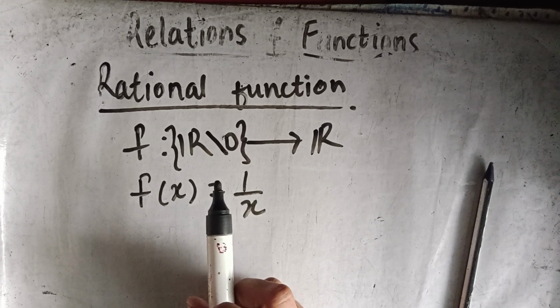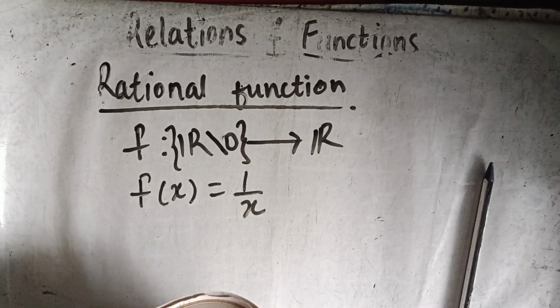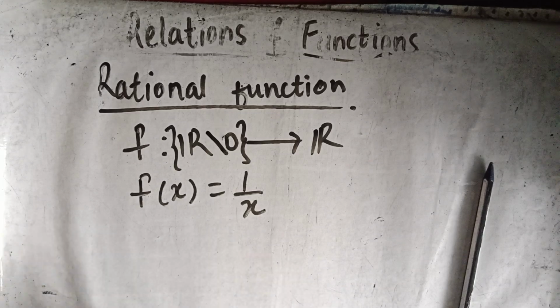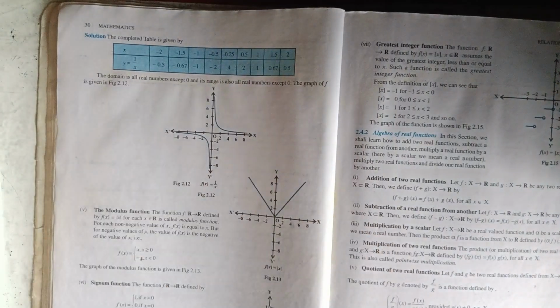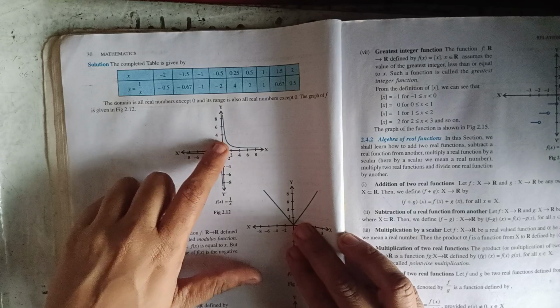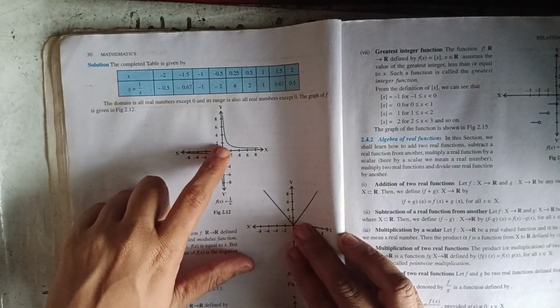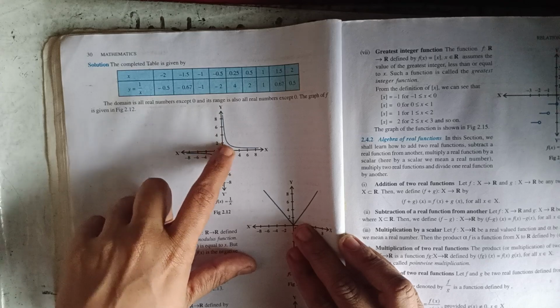And the same way you have to draw the graph, and you will get a graph like this for 1 by x. So it is not 0, but it is going towards 0 like this.